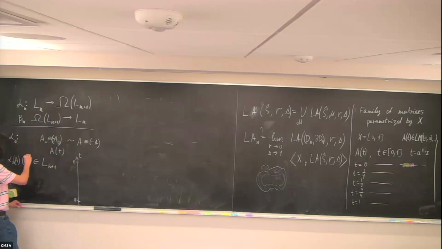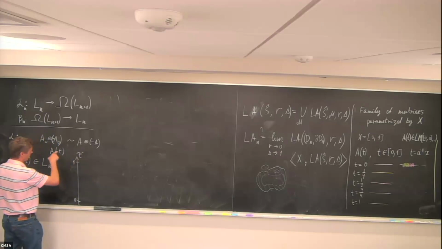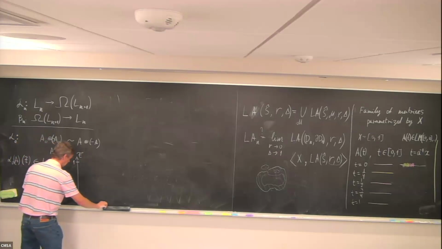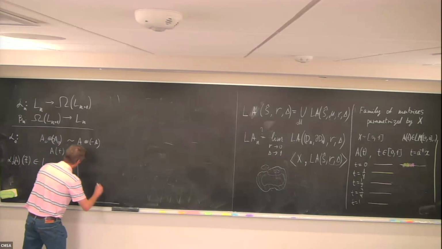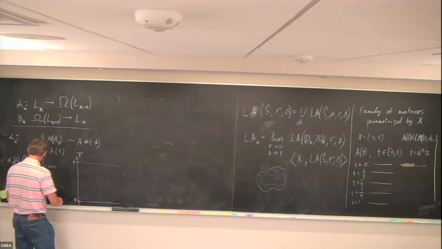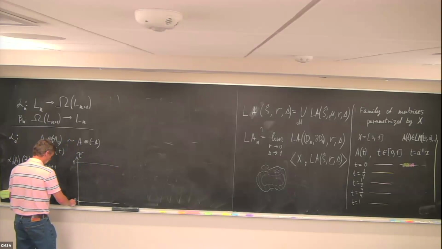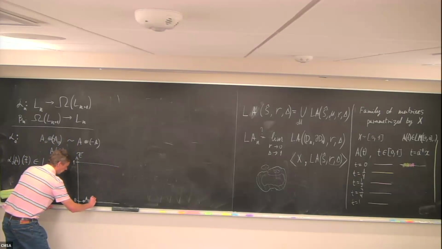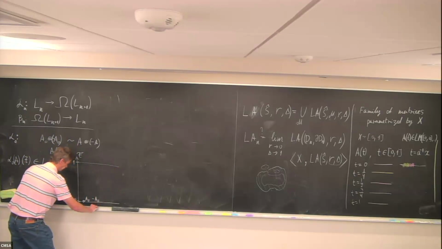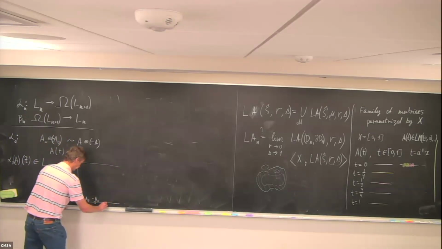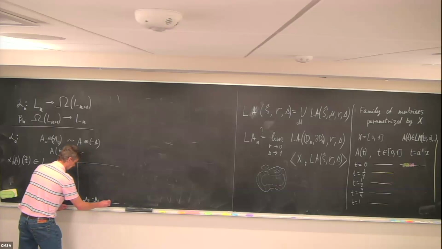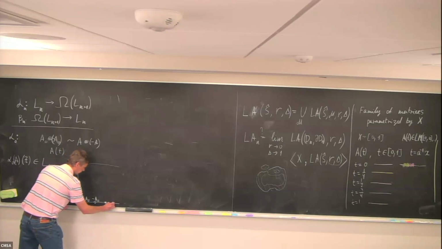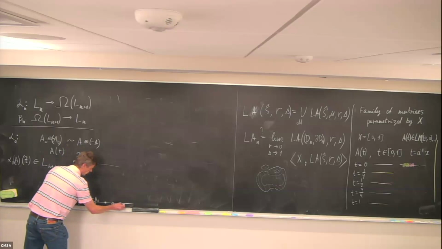Maybe I should call it T tilde to distinguish it from the previous T. And initially, when T tilde is 0, we'll have an alternating sequence of A0, actually, minus A0. And I'll draw them as dots and empty dots. And it can be a long sequence.